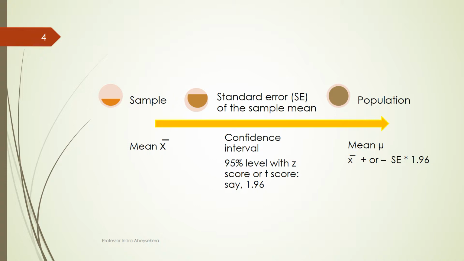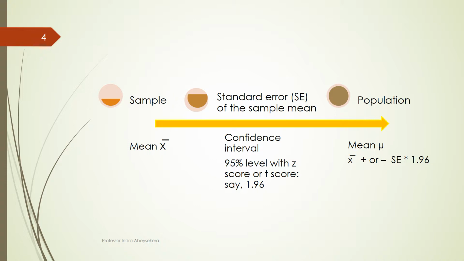So greater the sample size, larger the sample size, it becomes far more representative of the population. Smaller the sample size, it becomes less representative of the population, and the standard error of the sample mean increases.